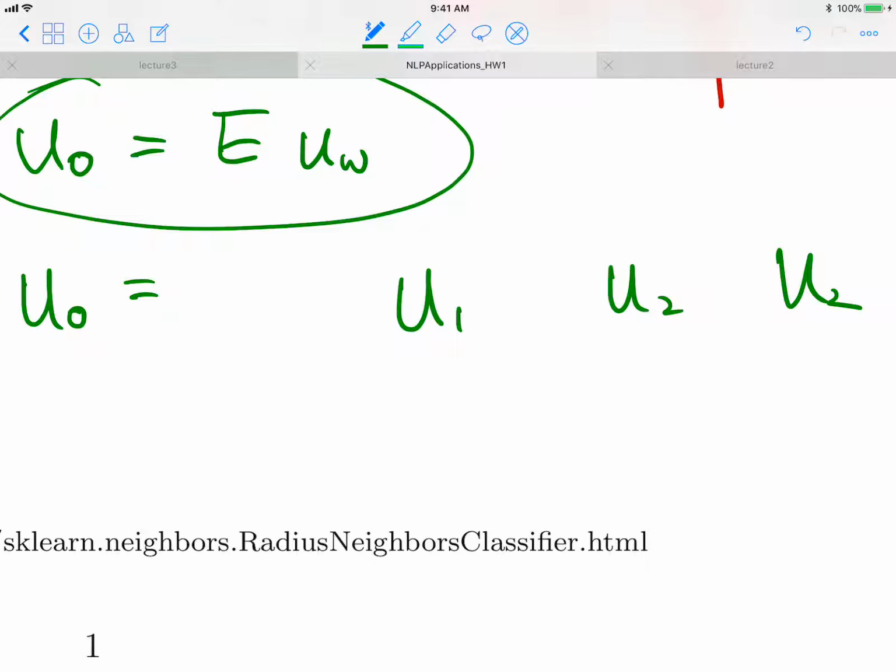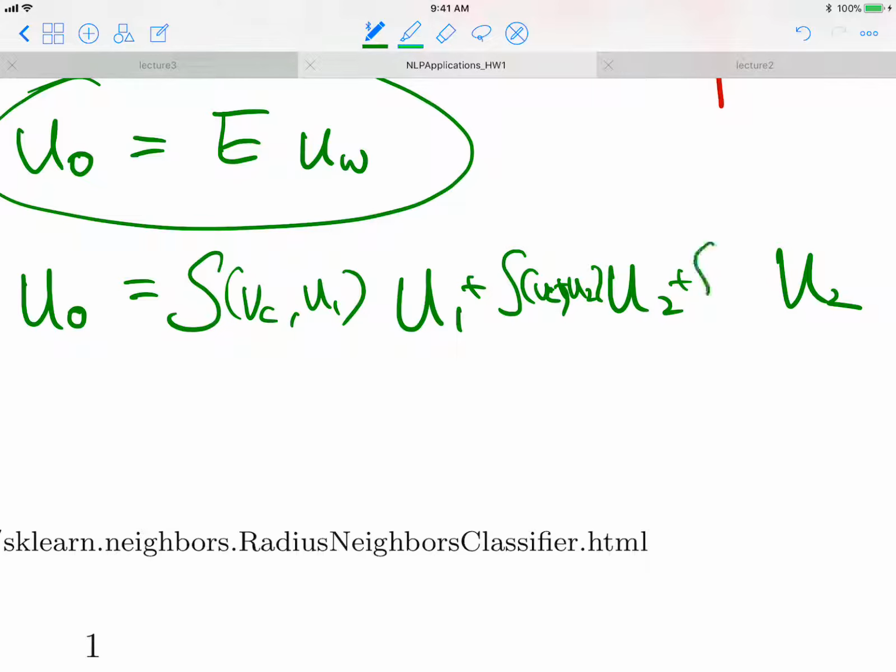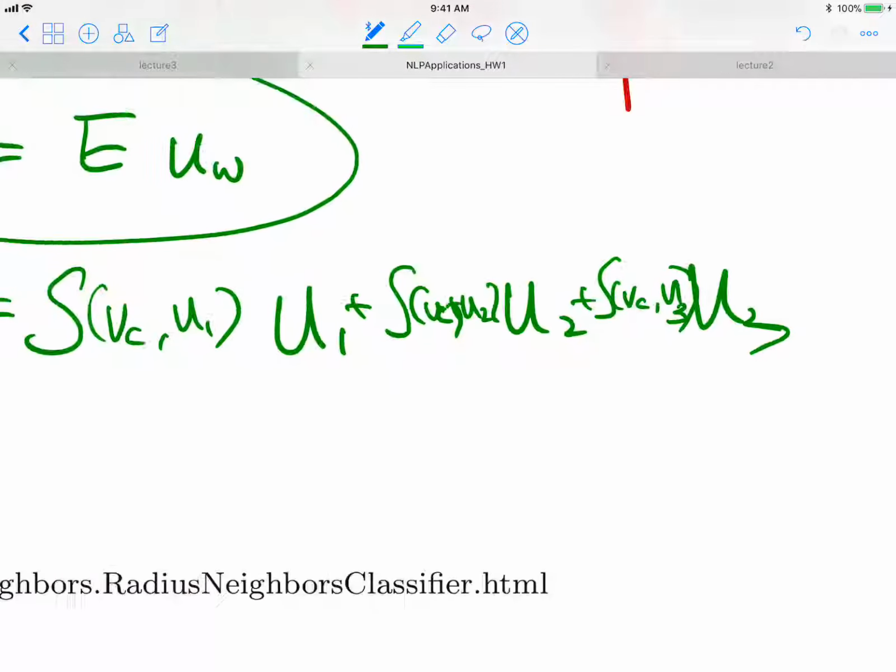Although it's computed as a softmax function, we can view it as a relative probability or relative similarity. So similarity between Vc and u1, similarity between Vc and u2, similarity between Vc and u3. Sorry about the poor handwriting, but you get the idea, right?